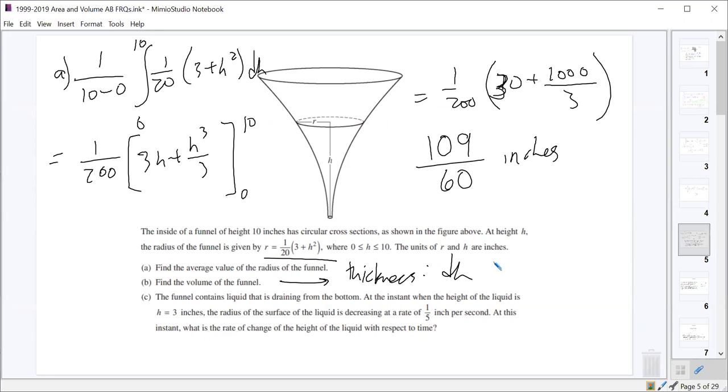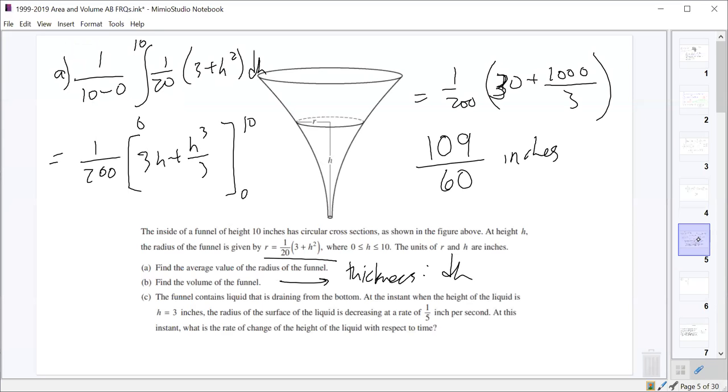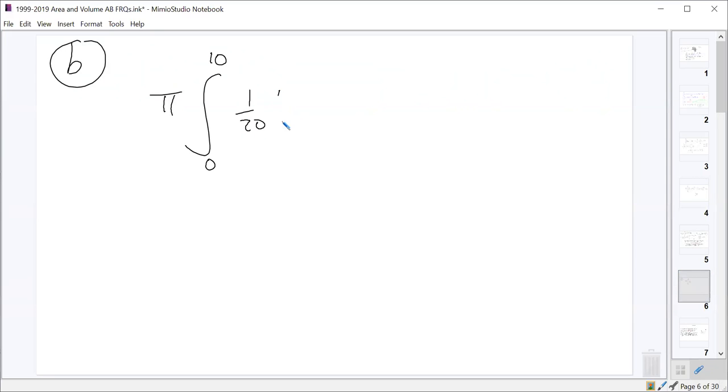Okay, and so all we have to do then is, for part B, pi times the integral from the bottom to the top, which is 0 to 10, of our radius. Well, our radius is r squared. So 1/20 and 3 plus h squared, squared dh. Good with the setup there now.